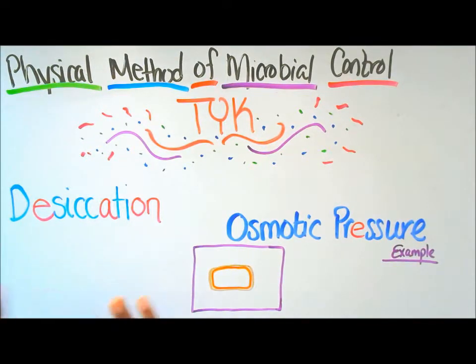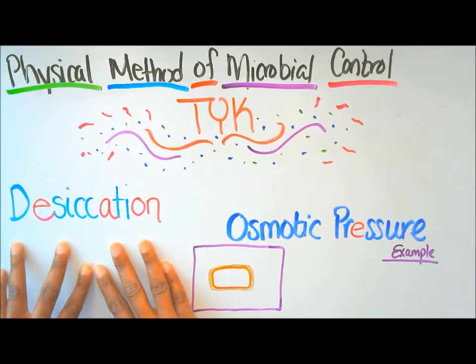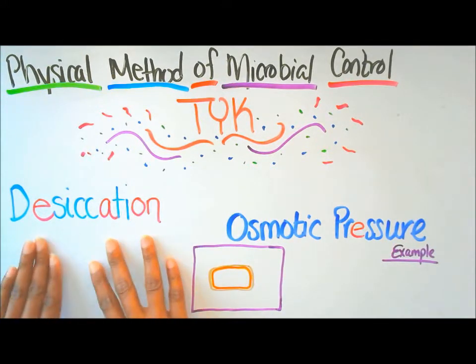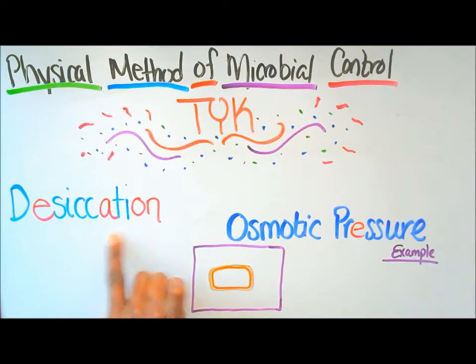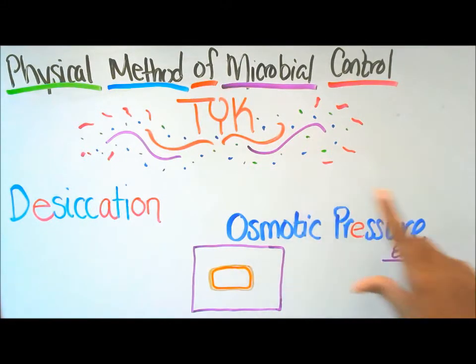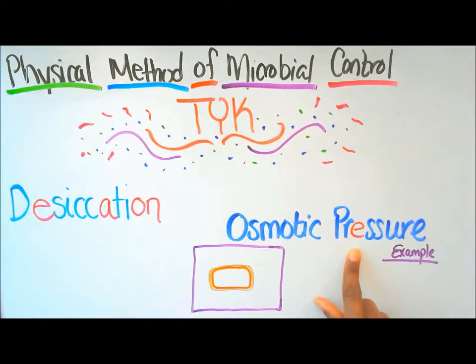All right, let's get started. With desiccation, tell me everything that you know using the red letters E, A, O, and N. In osmotic pressure, I want you to use the E in pressure and tell me, is it isotonic, hypertonic, or hypotonic when it comes to osmotic pressure?